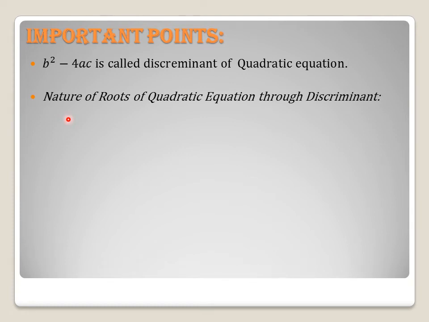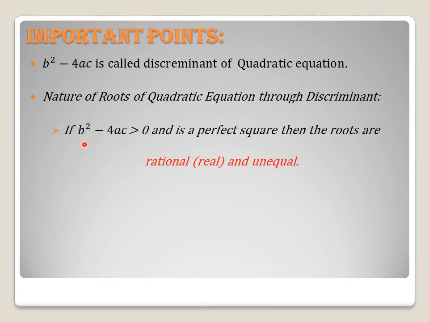Then, again in exercise 2.1, you will be asked to find the nature of the roots of the given quadratic equations. To find the nature of the roots, we first apply the discriminant, and then if the answer of the discriminant is greater than 0 and is a perfect square, then the roots are rational, real and unequal.